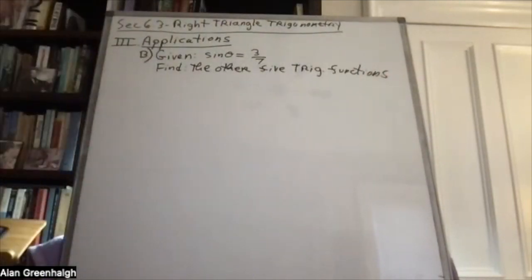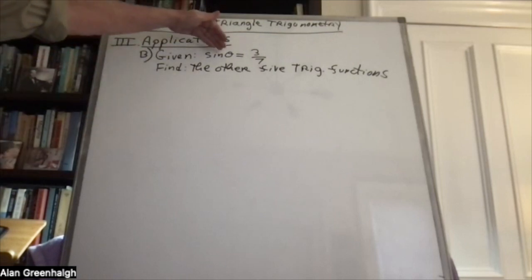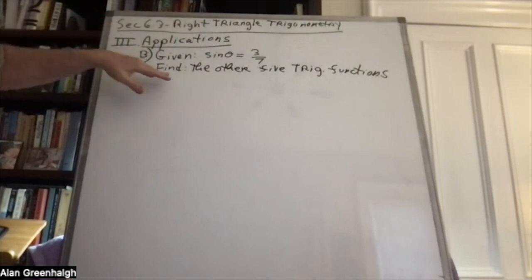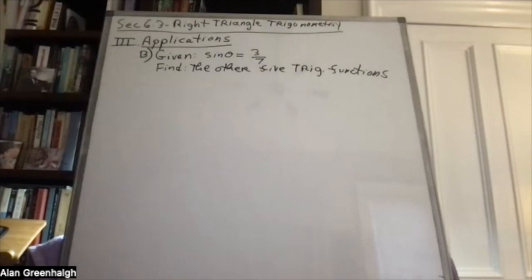This is a typical question that you will most probably encounter. You're given the value of one function. The question is, find all the other 5 trigonometric functions.